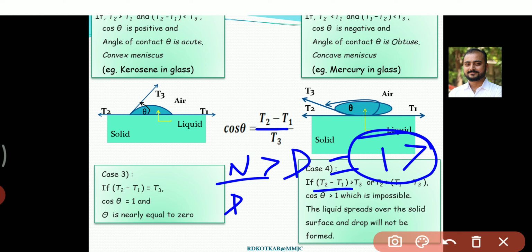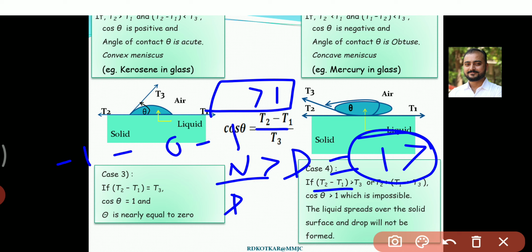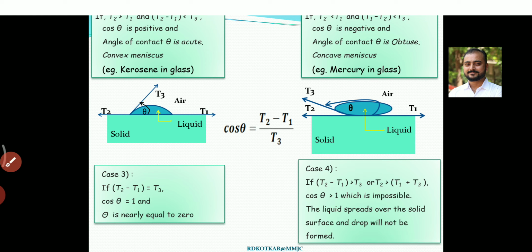The value of cos theta would be greater than 1, and everyone knows that cos has a value between minus 1 and plus 1 through 0. There is no value of cos theta greater than 1.